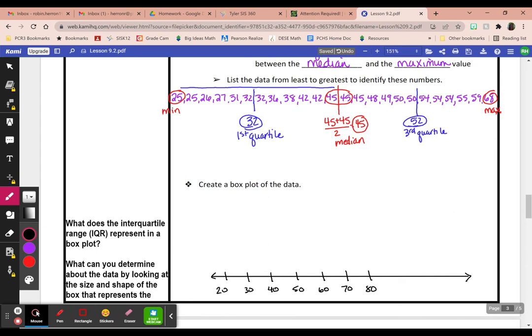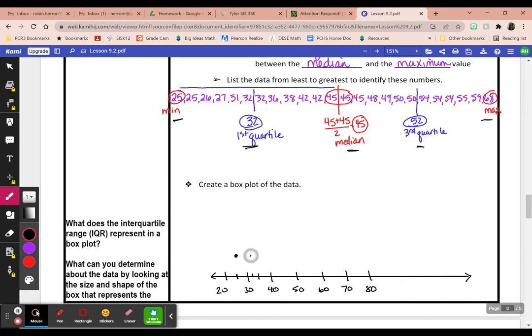All right. So then we need a dot above each one of these numbers up here that we listed so we can create our box. So 25 is the minimum. Well, 25 is going to be about halfway in between 20 and 30, right? So I'm going to put a little dot here. Okay. Then I'm going to need first quartile at 32. So I'm going to go, if this is 35, I'm going to go 1, 2.